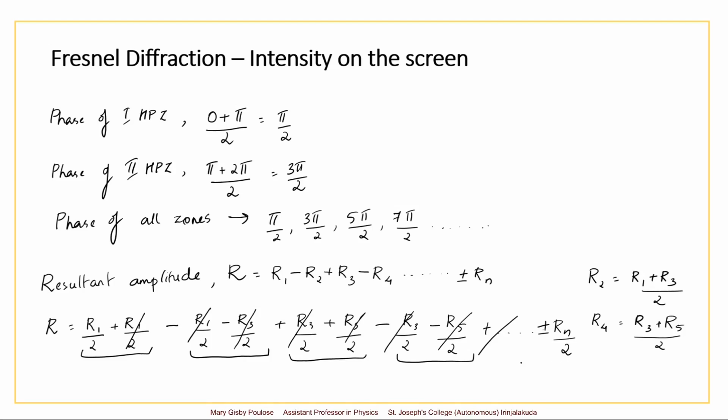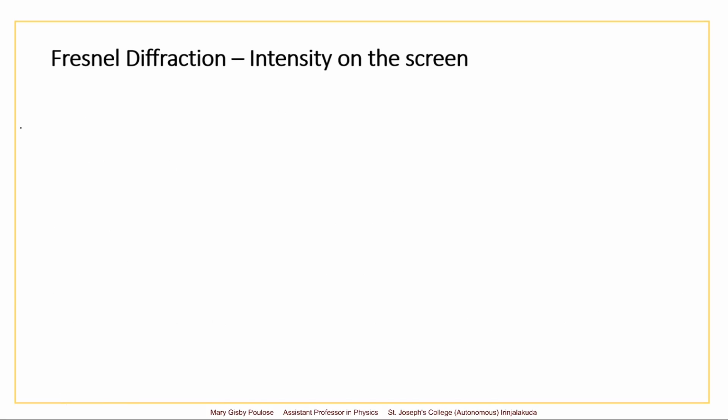Hence, the resultant amplitude R is equal to R1 by 2 plus or minus Rn by 2.